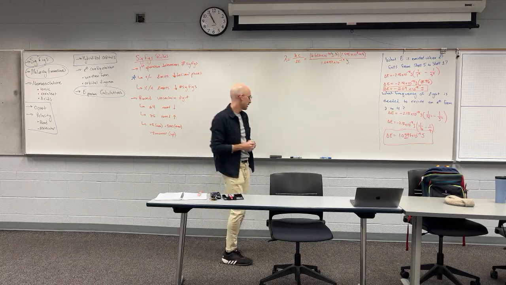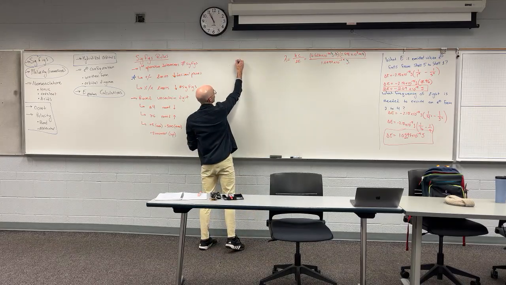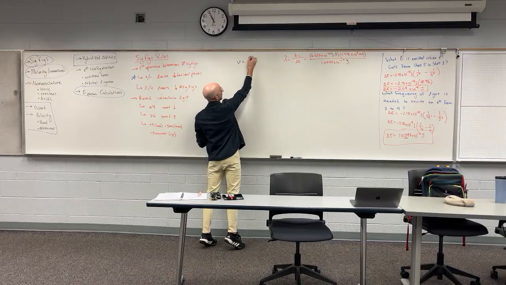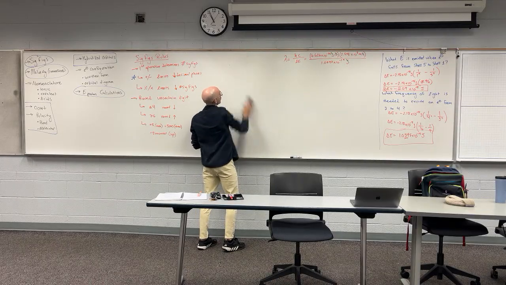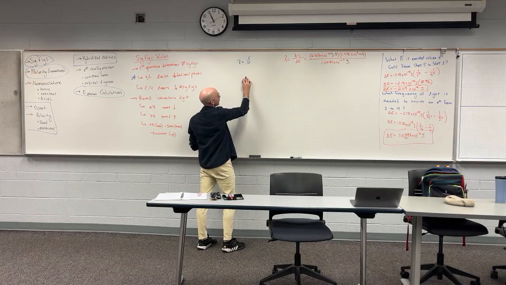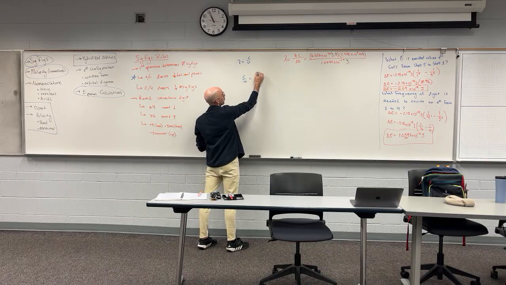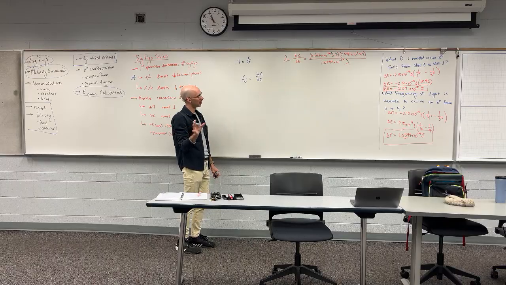This is good. Now remember, if you didn't want to do this, you could have taken this long route of saying lambda is c over frequency, and then you would have gotten c over frequency is equal to hc over delta E. And then you got to do all this crazy stuff.